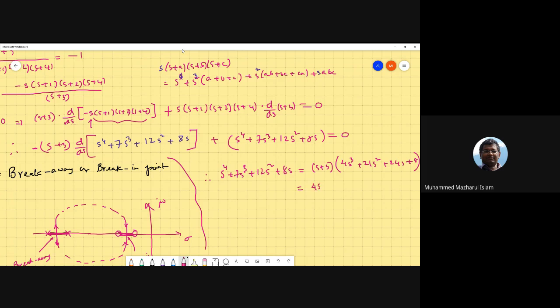You'll see 4s to the power 4, 21s cube plus 24s square plus 8s, and then with 3, 12s cube plus 63s square plus 3 times 24 is 72, 72s plus 24. This is the right side.